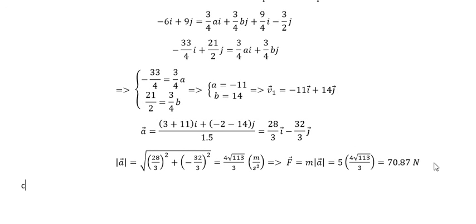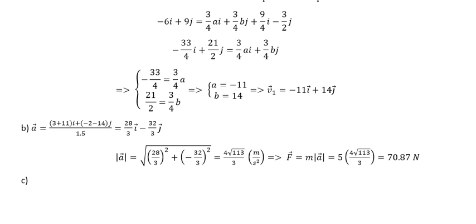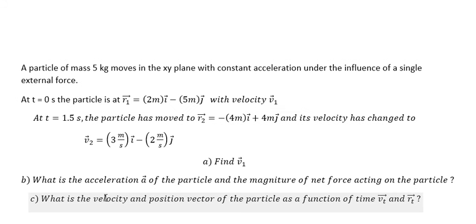Let's go to question C. We need to find the velocity and position vector as functions v(t) and r(t).